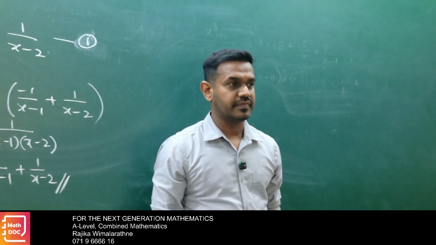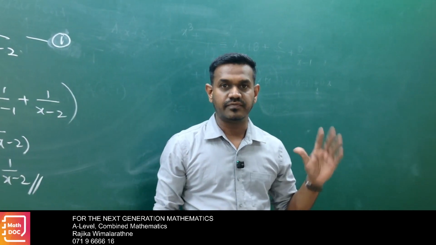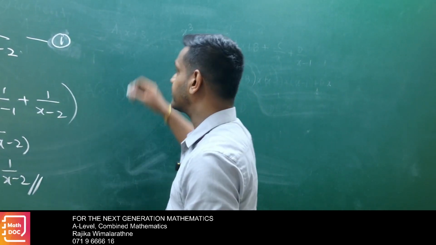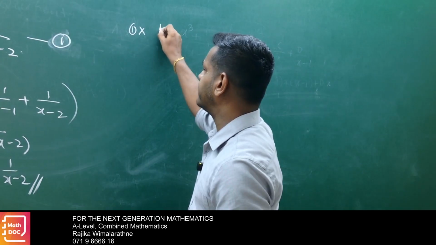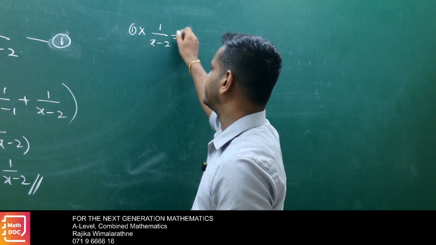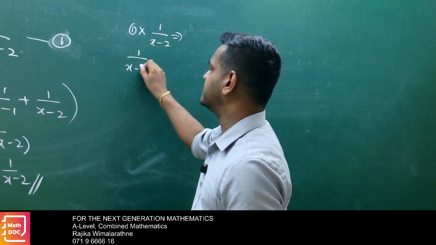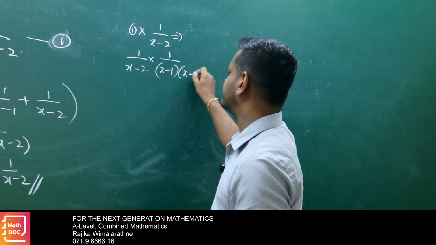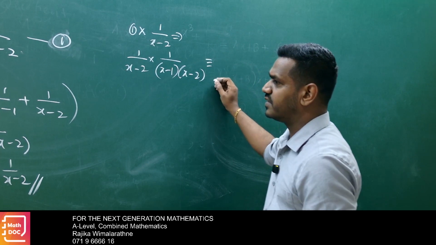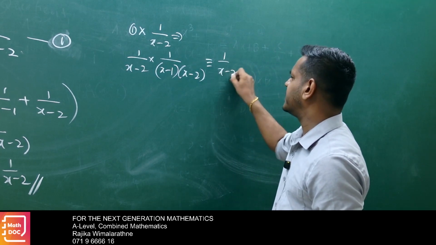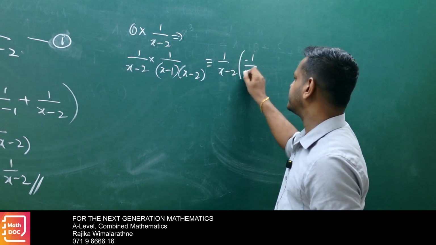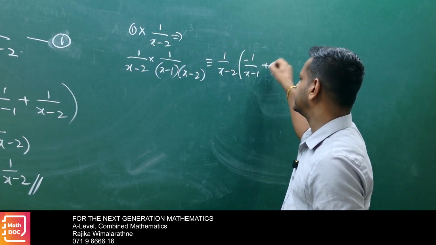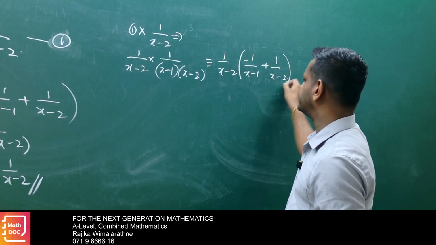Continue. You think and do. Multiply with 1 over x minus 2, then 1 over x minus 2 times 1 over x minus 1, x minus 2 gives 1 over x minus 2 minus 1 over x minus 1 plus 1 over x minus 2.